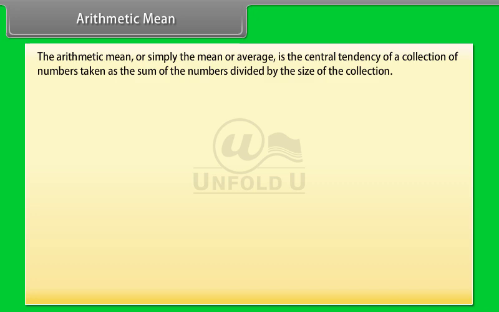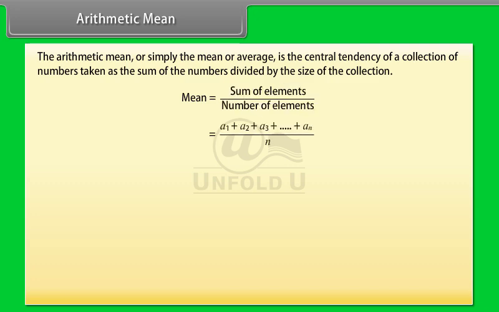Arithmetic mean. The arithmetic mean, or simply the mean or average, is the central tendency of a collection of numbers, taken as the sum of the numbers divided by the size of the collection. Mean is equal to the sum of elements by the number of elements, which is A1 plus A2 plus A3 up to plus An by n.